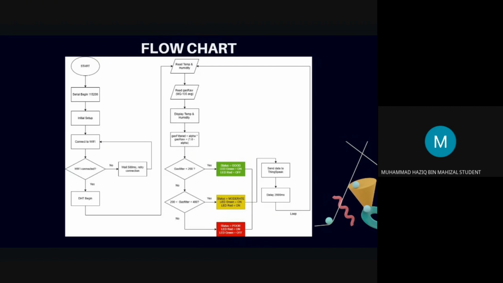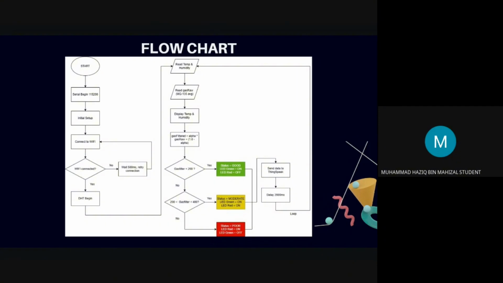If the gas reading is below 200, the status will be good air quality, and the green LED will turn on. If the gas reading is between 200 and 400, the status is moderate, so both LEDs, green and red, will turn on.